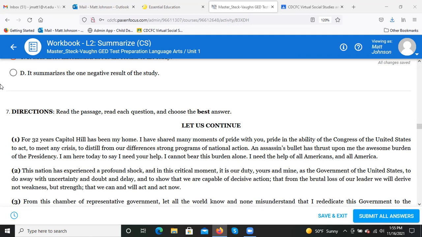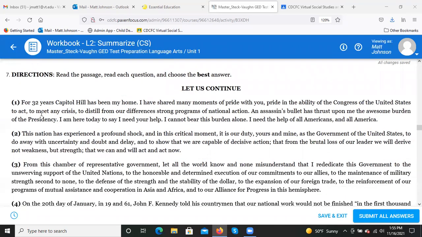I need the help of all Americans and all America. This nation has experienced a profound shock, and in this critical moment, it is our duty, yours and mine, as the government of the United States, to do away with uncertainty and doubt and delay, and to show that we are capable of decisive action, that from the brutal loss of our leader, we will derive not weakness, but strength, that we can and will act now.